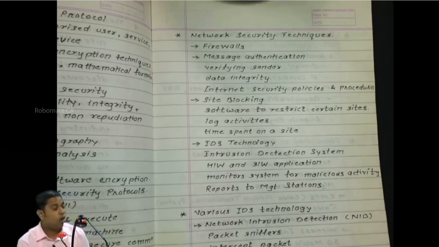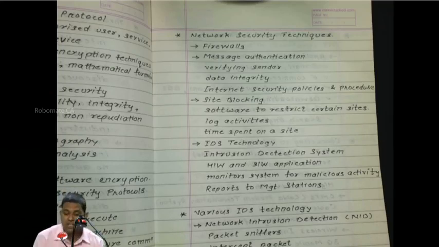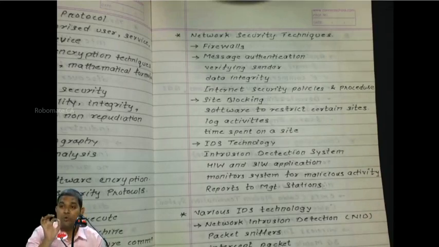Next is called the host-based intrusion detection system, that is HID. Many times some intelligent police officers know that this person is not the right person. He is trying to do something which is dangerous, but they will not catch hold of that person immediately.